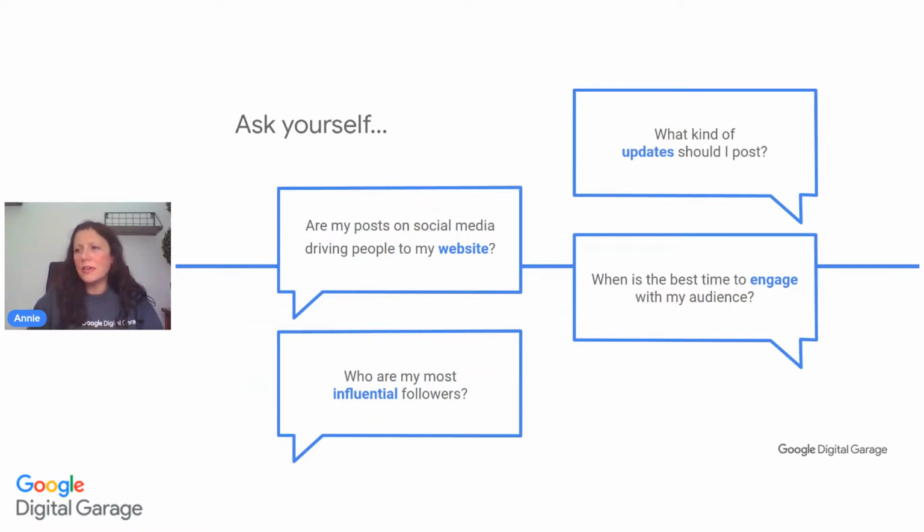The other thing you want to think about is when is the best time to engage with your audience? Because of course, people want to be able to engage with you as a brand or a business, but they'll be on at a certain time of the day. So finding out when they're on is going to save you a lot of heartache and waste of time in creating information that they never see because they're not on at that time of day. Some useful ways of finding out about time of day is, again, looking at the insights of our pages, but also there are scheduling tools like Hootsuite.